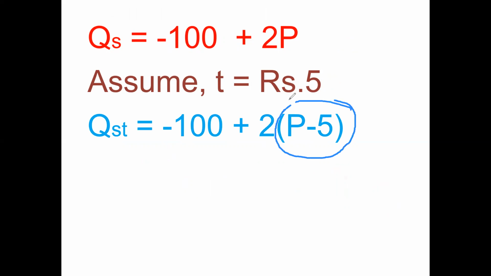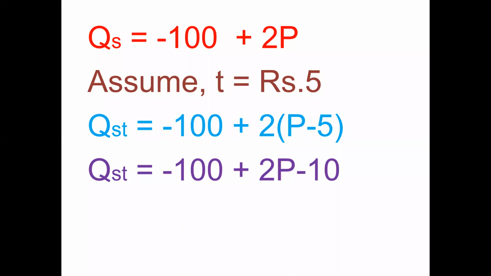We deduct the tax from the price. Then QST equals minus 100 plus 2P minus 10. Finally, the equation is QST equals minus 110 plus 2P.